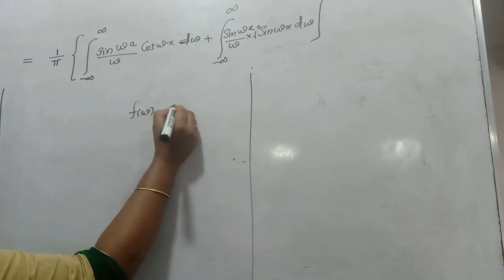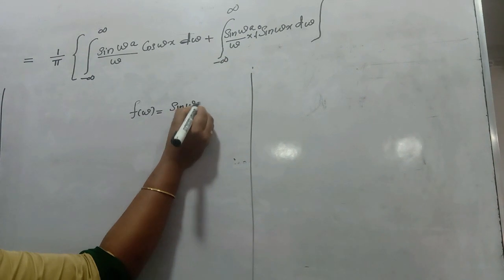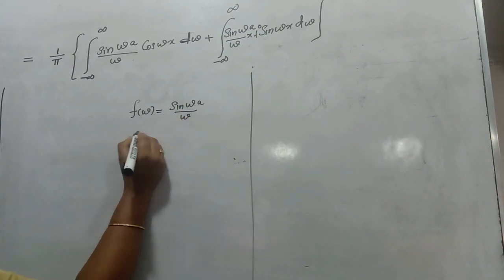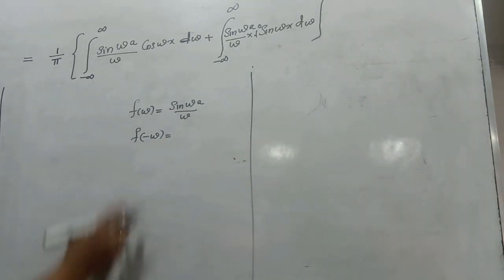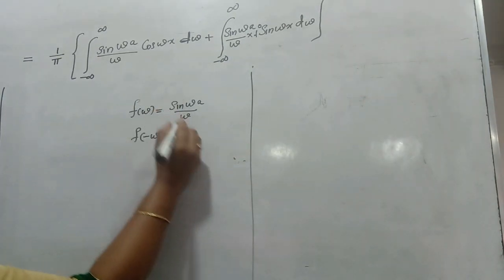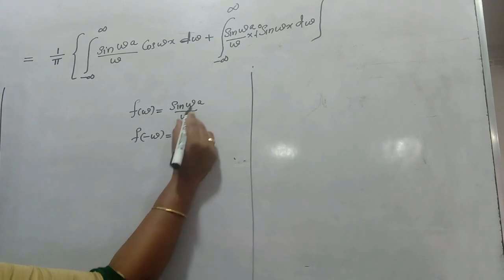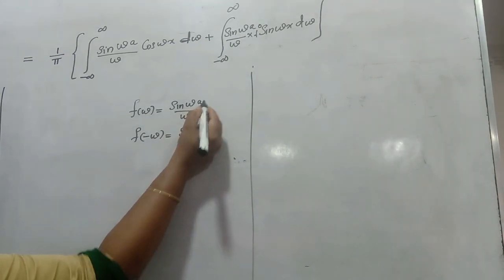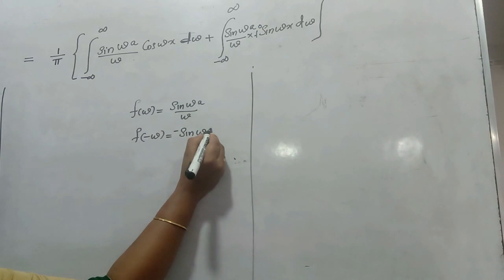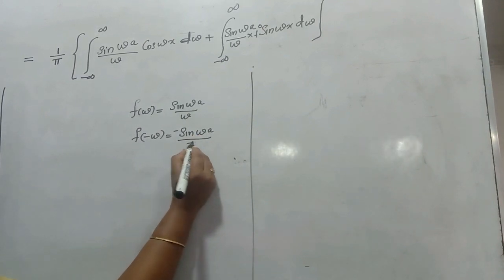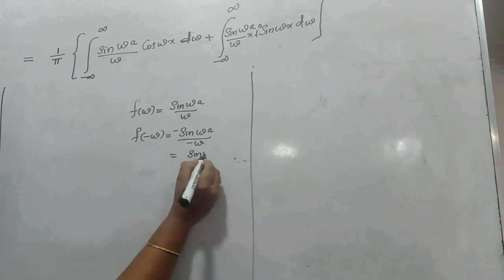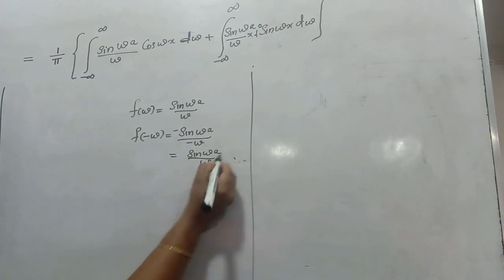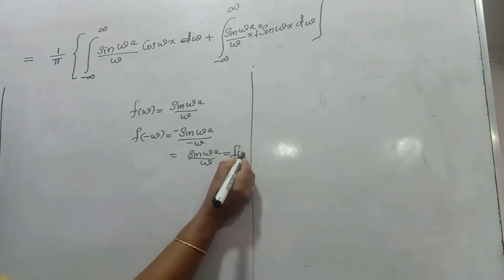For F(omega) equal to sin omega a by omega, the function is even if F of minus omega is F(omega) itself. So F of minus omega is sin of minus omega into a, and sin of minus theta is minus sin theta, so minus sin omega a by minus omega, the minus signs in numerator and denominator cancel, giving sin omega a by omega. The function is an even function.